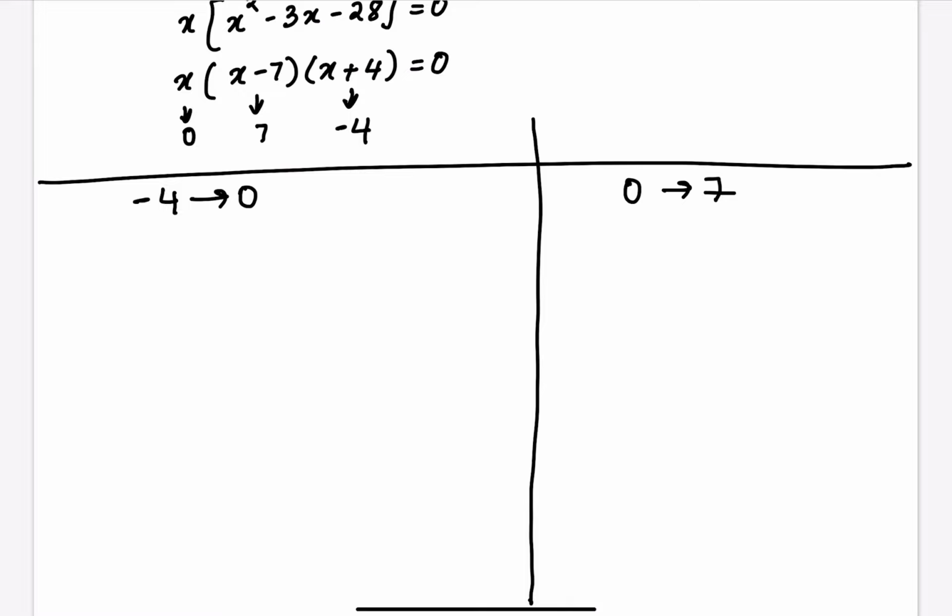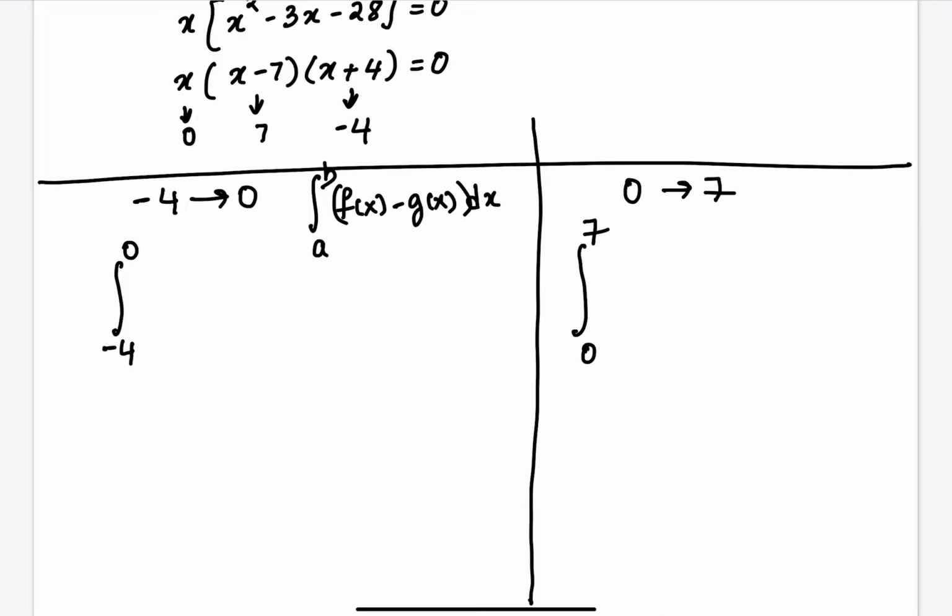Again, how do I find from A to B area f of x minus g of x dx, right? Don't forget that. So I know this is integral negative 4 to 0, and this is integral 0 to 7.